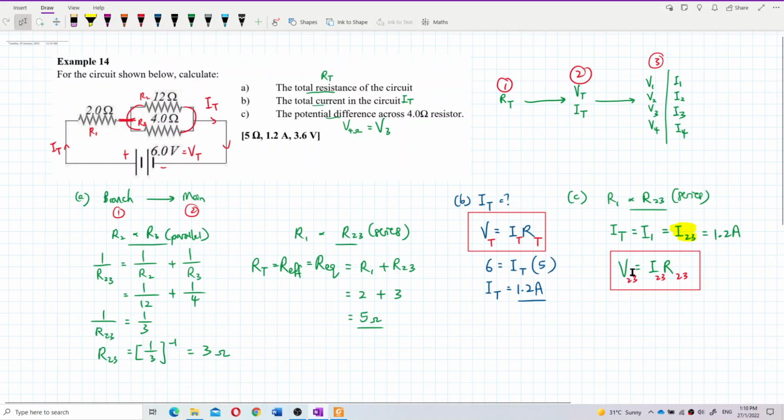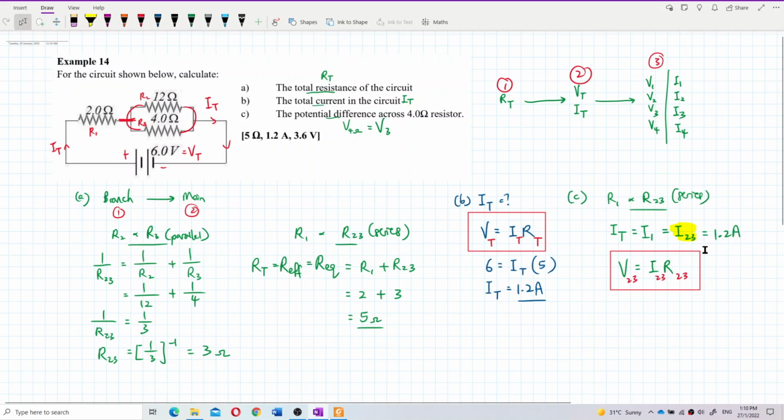So that's why I find voltage 2, 3 first. V23 has the closest relationship with V3. So now let's do it.